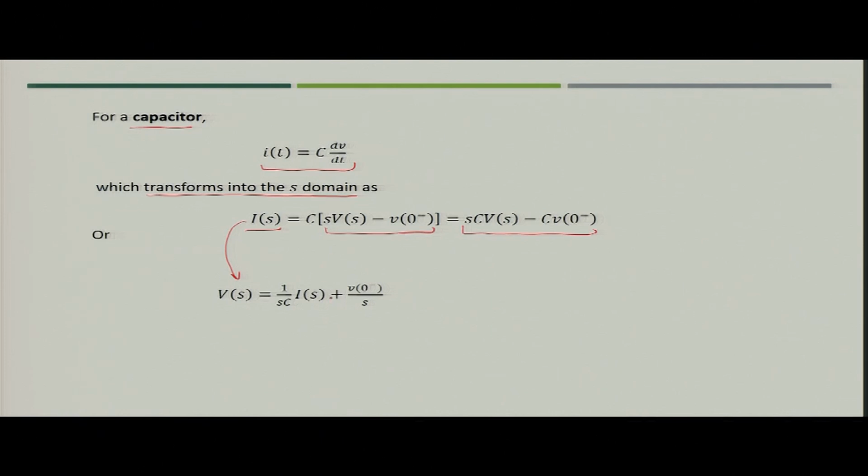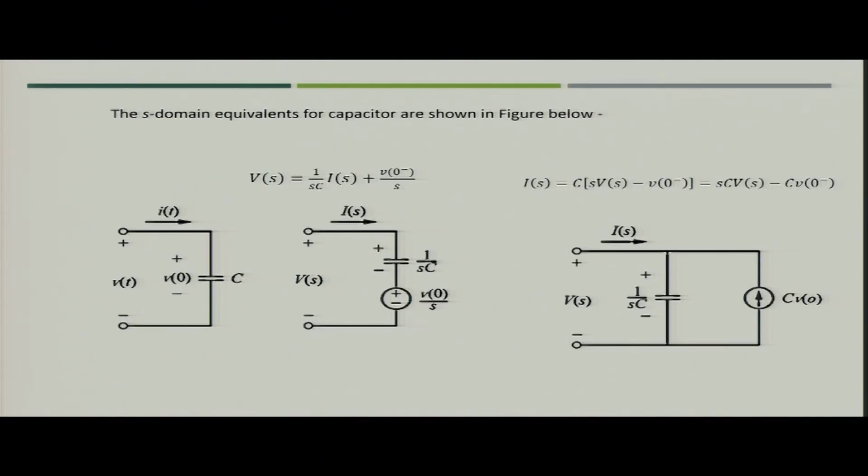So, these two would be the governing equations for the capacitor in s domain. So, as we did in case of the inductor, we can do in case of the capacitor also and represent these two equations in the circuit. So, let us see how we will represent the equivalent of the capacitor in s domain.